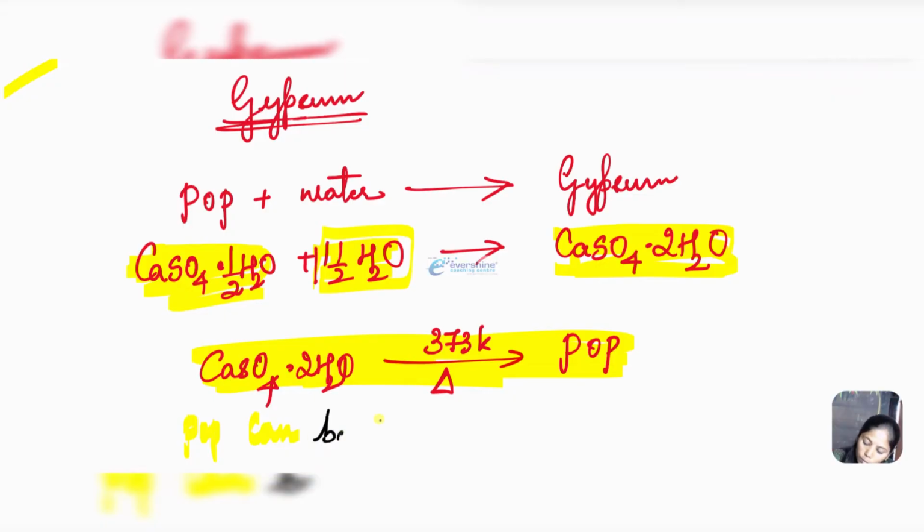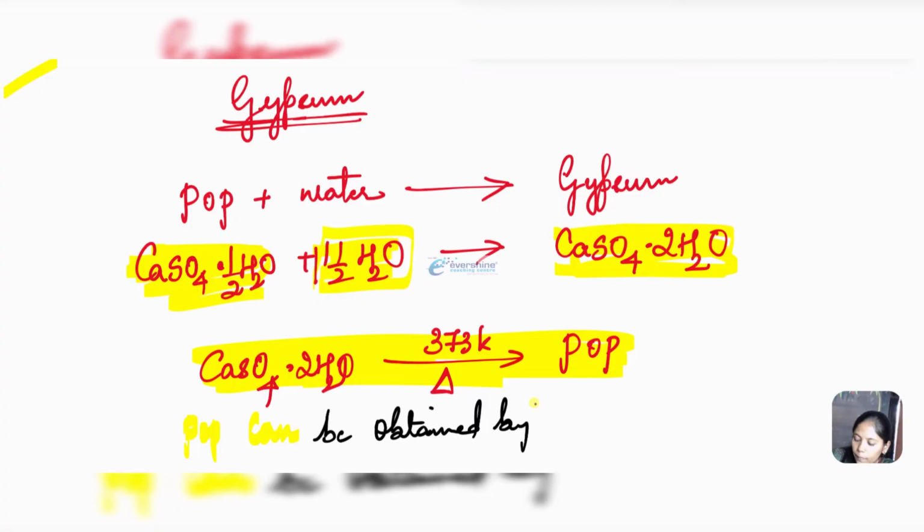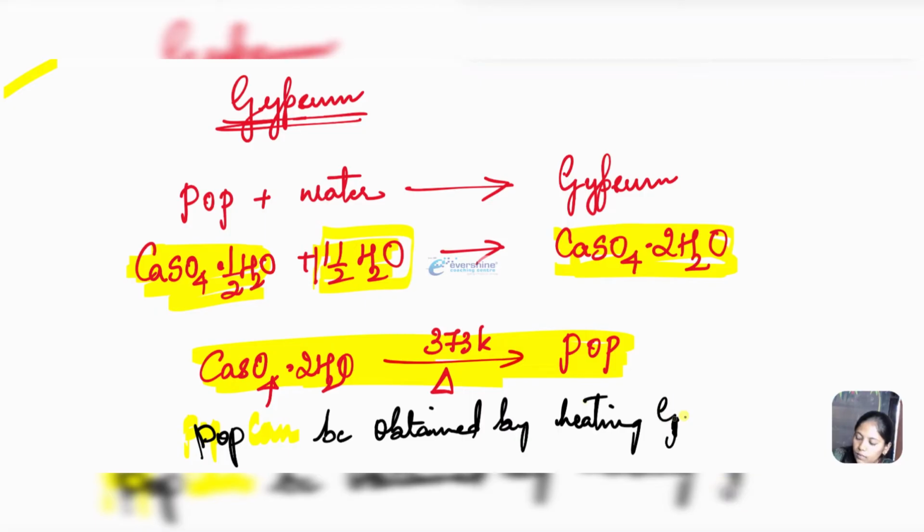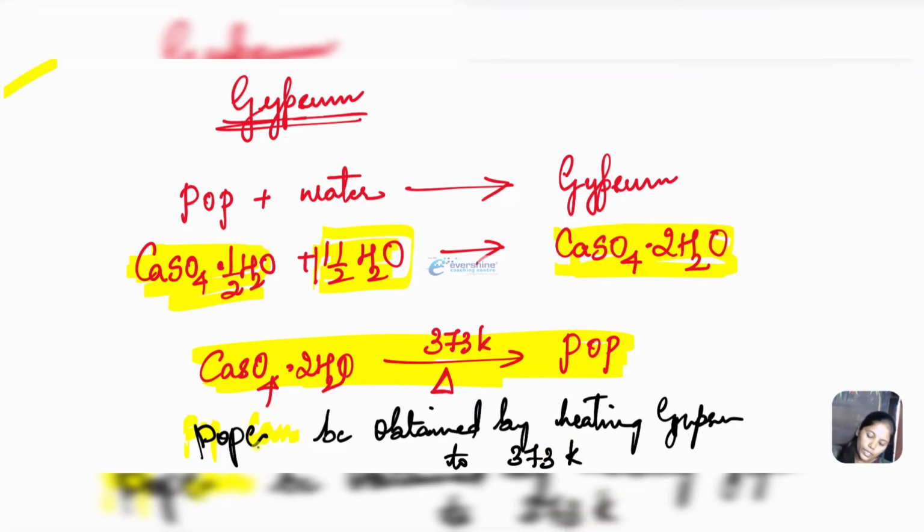POP can be obtained by heating gypsum to 373 Kelvin. This is also an important topic: how to prepare gypsum and how to prepare POP.